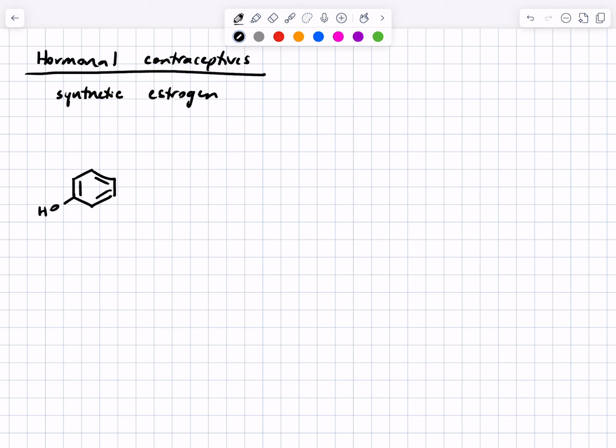So if you didn't know, this is the structure of estrogen. You've got a benzene ring, and it has the core structure of a lot of steroids. It's made as a derivative of cholesterol. It's got three 6-membered rings fused together, tons of stereocenters. A lot of steroids share the same core structure. And for estrogen, this is called estradiol.